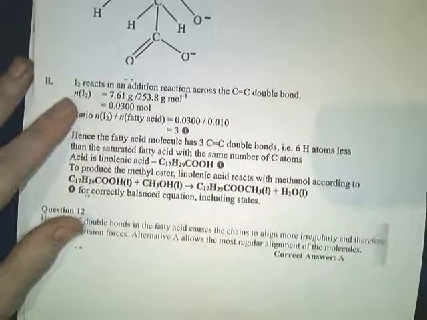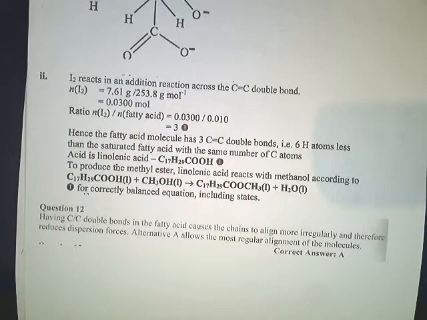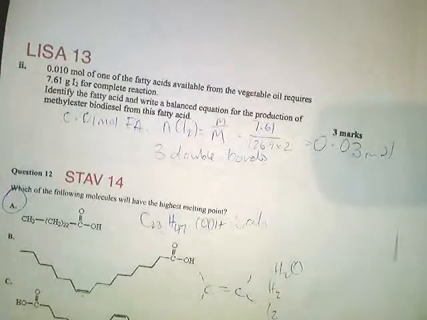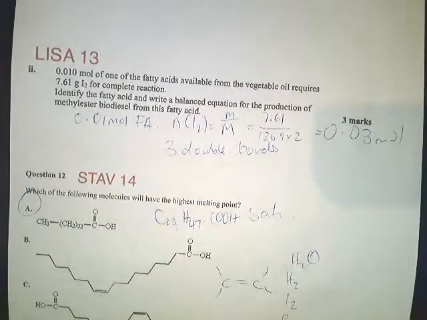And if you have a look here, I2 reacts in an addition reaction across the carbon-to-carbon double bond. It has 3 double bonds because it has 6 less H atoms than the saturated fatty acids. Okay. The rest of the question says, identify the fatty acid.